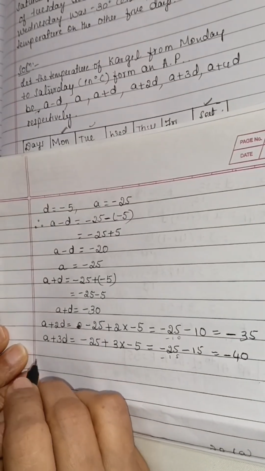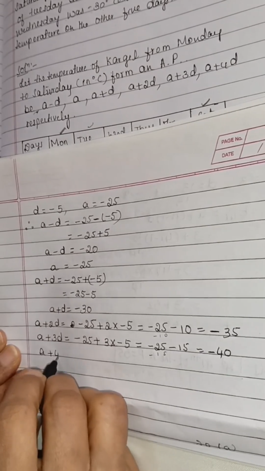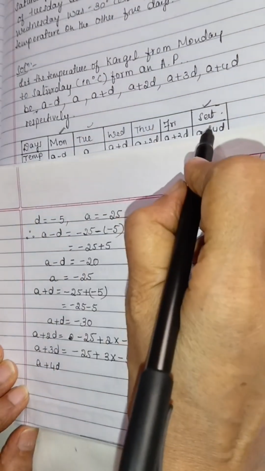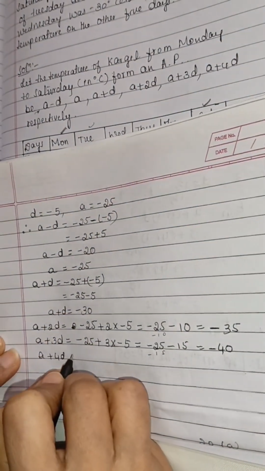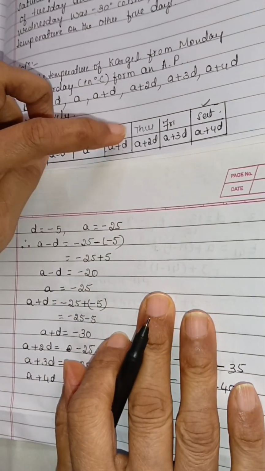Now A plus 4D. This is on Saturday. We are substituting values for Monday, Tuesday, Wednesday, Thursday, Friday.